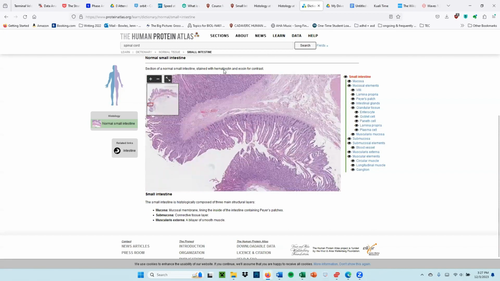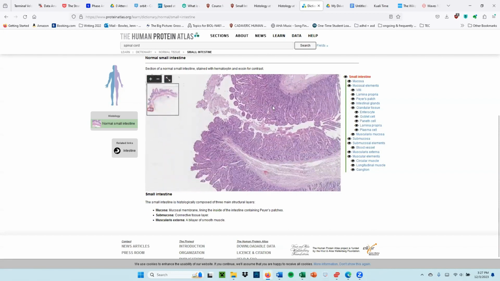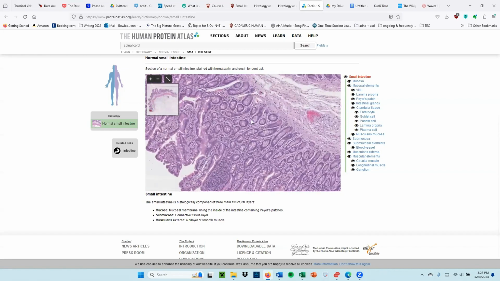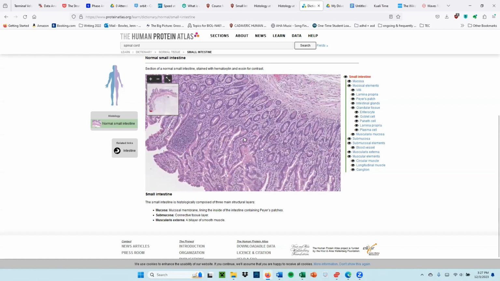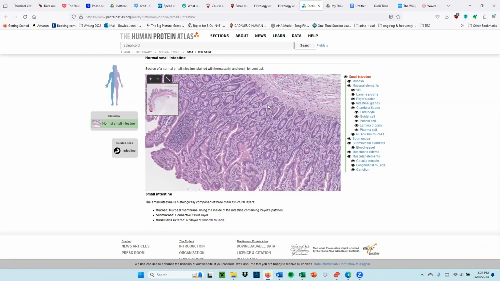But if we focus in on the mucosa, we start to see these glands here. Lots and lots of glands. These are Brunner's glands, or I think the PowerPoint referred to them as duodenal glands, though these are only found in the first part of the intestine, the duodenum. Their function is to help neutralize the acidic contents coming out of the stomach.